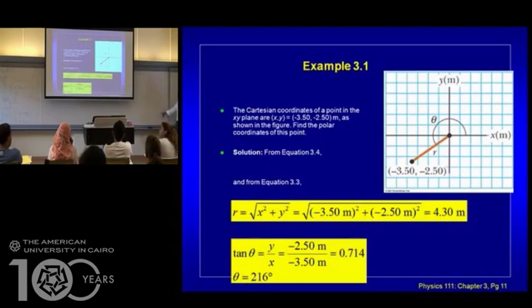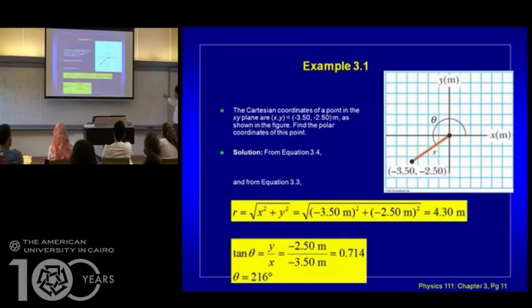Let's calculate tan theta. It's y over x, negative 2.5 over 3.5.